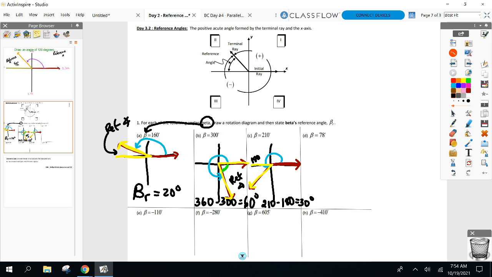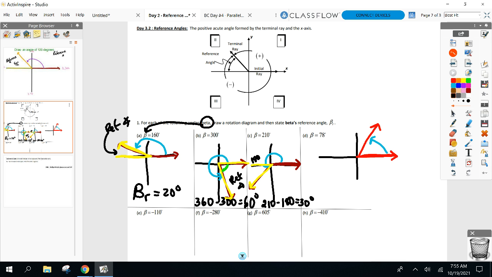So quadrant 2, quadrant 4, quadrant 3, the only one we haven't tried yet is quadrant 1. What if an angle is in quadrant 1, say 78 degrees? Anybody? 78?